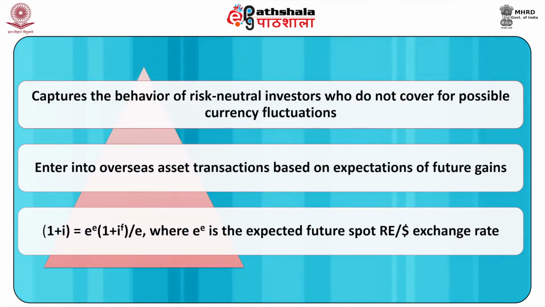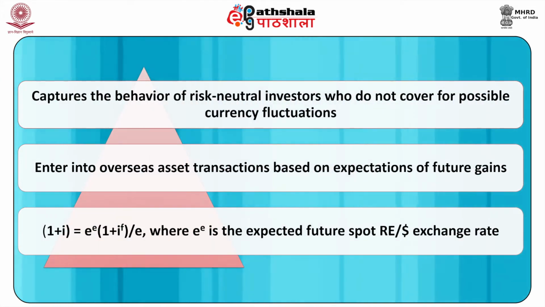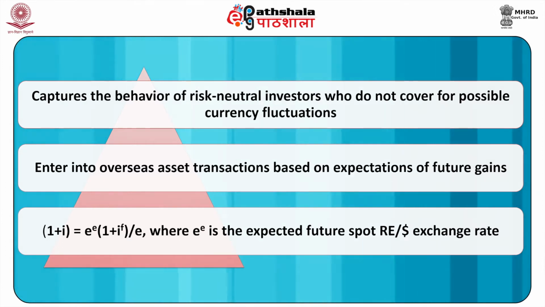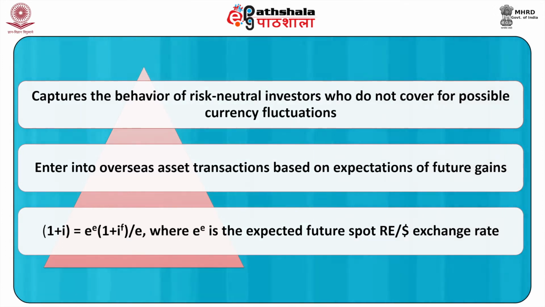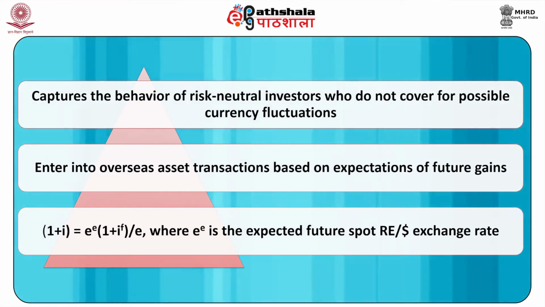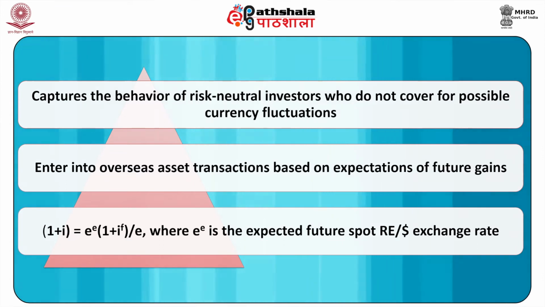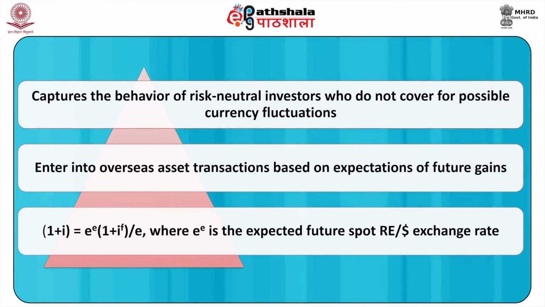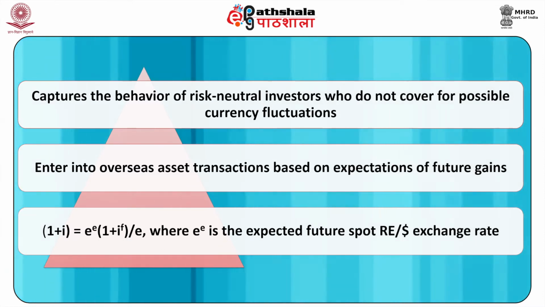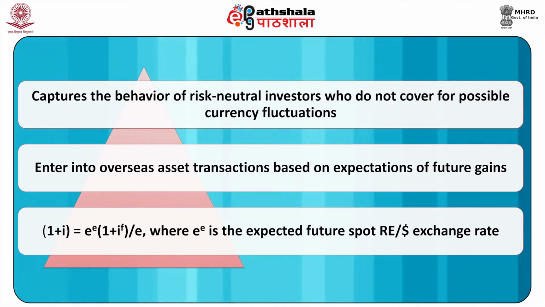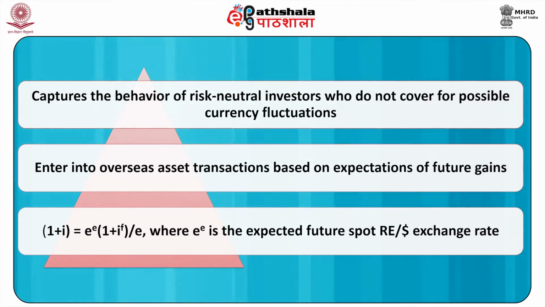However, the uncovered interest parity condition captures the behavior of risk-neutral investors who do not cover for possible currency fluctuations and enter into overseas asset transactions based on expectations of future gains. So in this case, investors do not sell forward an equivalent amount of foreign currency to purchase domestic currency to safeguard against the possible currency volatility, and the UIP condition may be stated as follows.